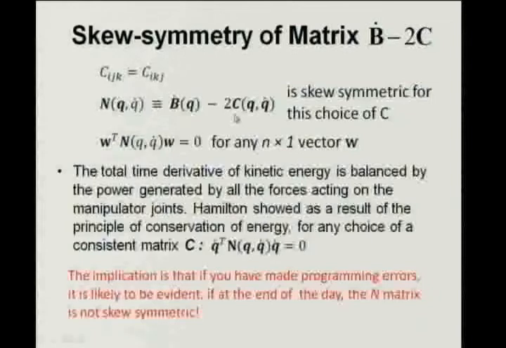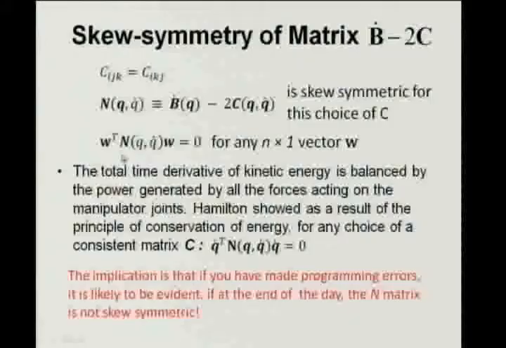If it is not, that means you have messed up an index somewhere in your programming or in your derivation. So it's a very powerful check. It's highly improbable that these n by n matrices will come out perfectly skew symmetric if you have made errors in either the programming or the derivation.